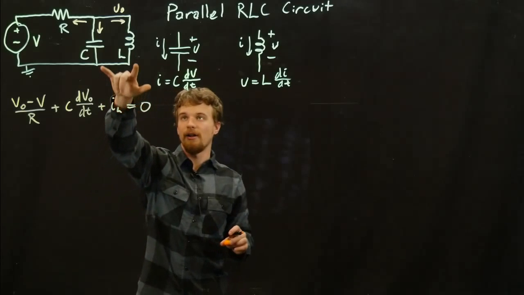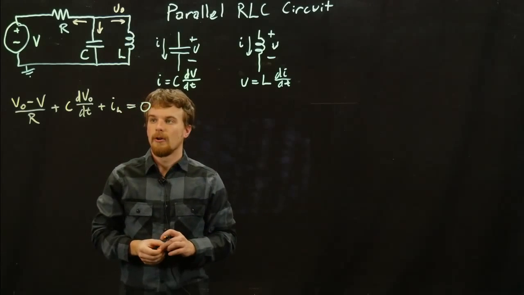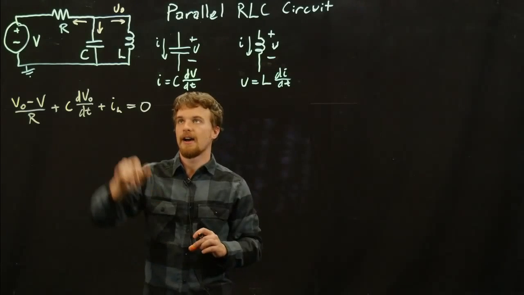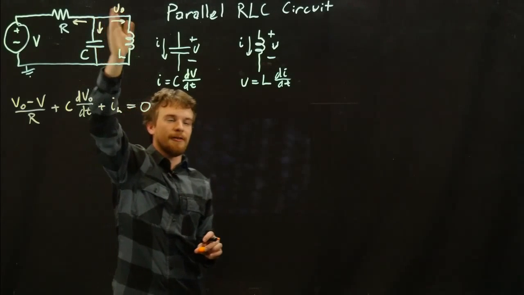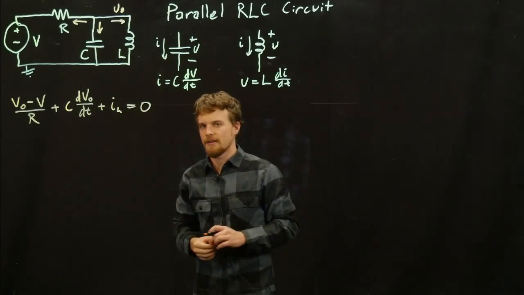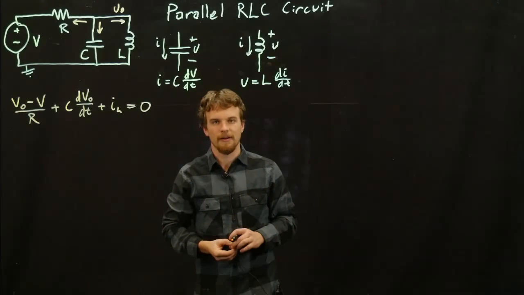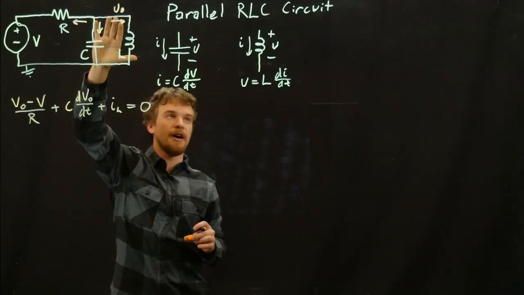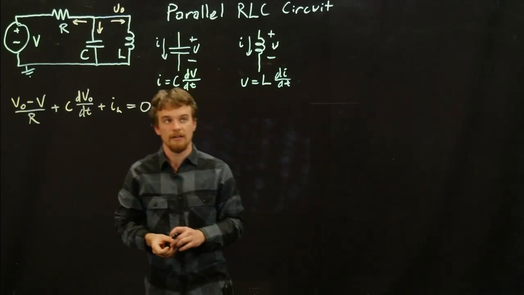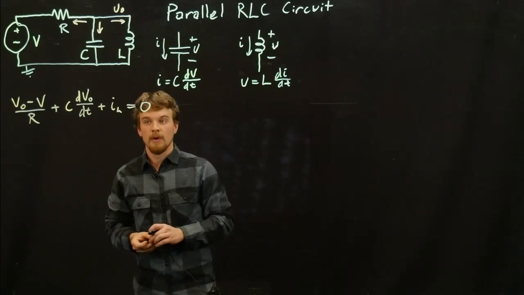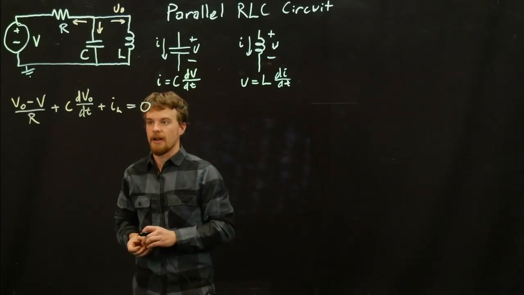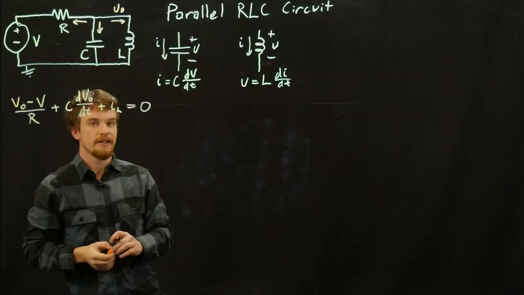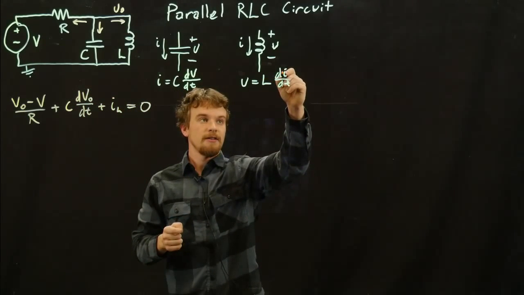These things are in parallel, so they share a common voltage. And V naught is also the voltage across the inductor. So every place we see V naught, we could set it equal to L di/dt.